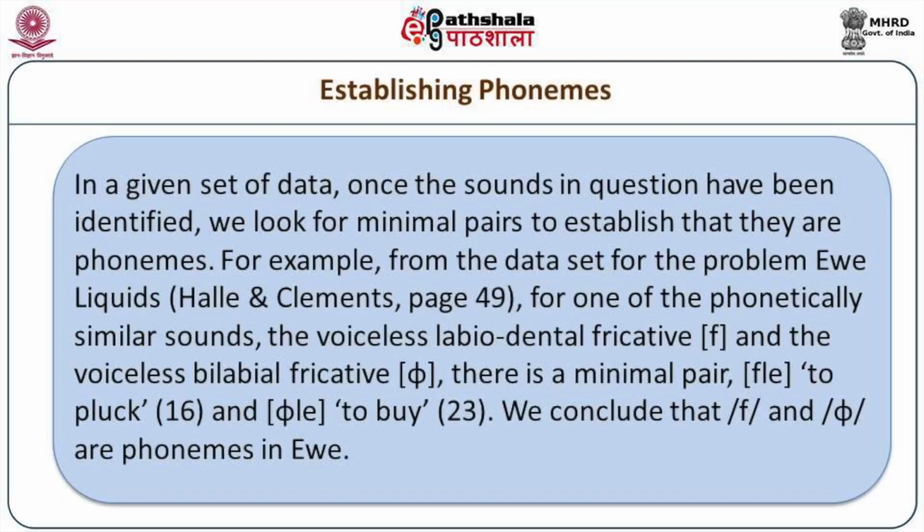We first try to find out whether the 2 sounds are phonemes. Where do we find them? In minimal pairs. Do we have minimal pairs for EU liquids? Yes, we do. We have 2 words which give us the minimal pairs, namely flay, which means to buy, and flay, which means to pluck. We then conclude that p and f are phonemes in the language.